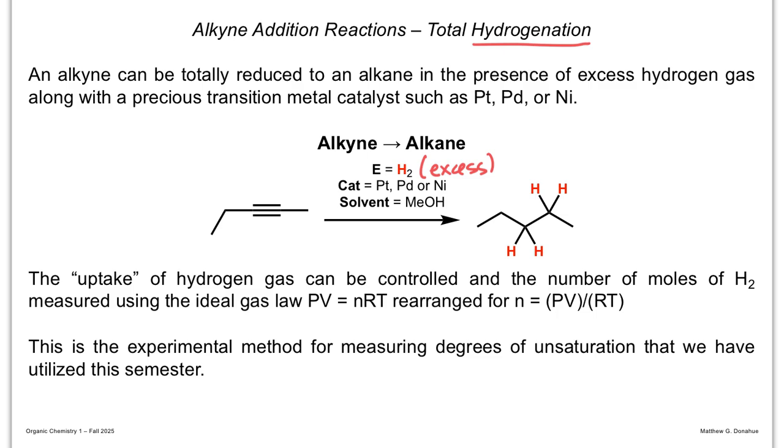The reaction is catalyzed by a precious metal, platinum, palladium, or nickel, and then a polar protic solvent. So with the H atoms colored in red, you can see that across the triple bond, we've added 2 equivalents of H2.